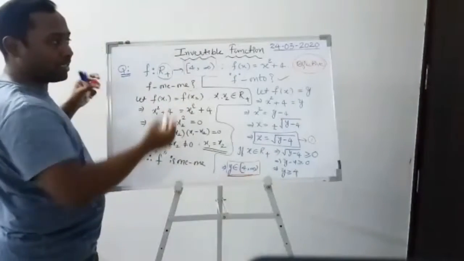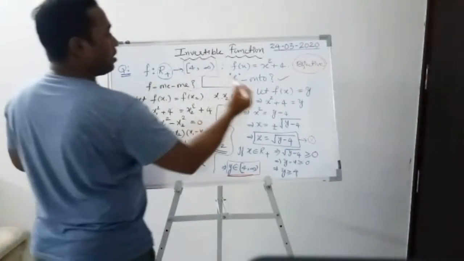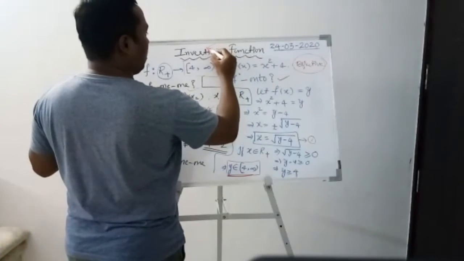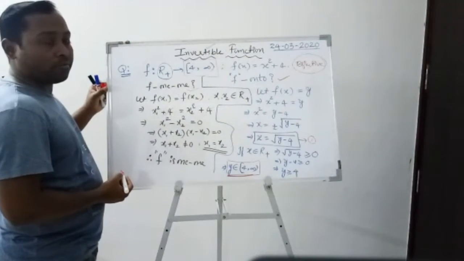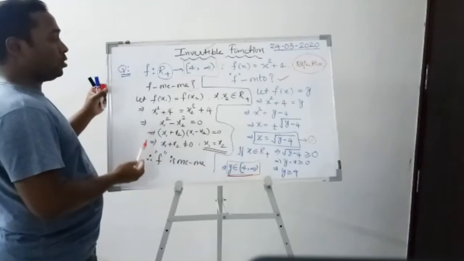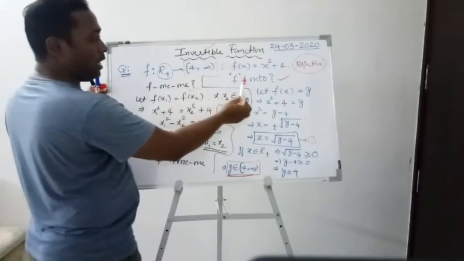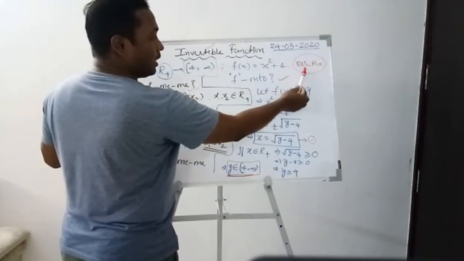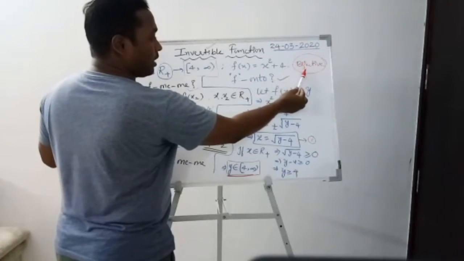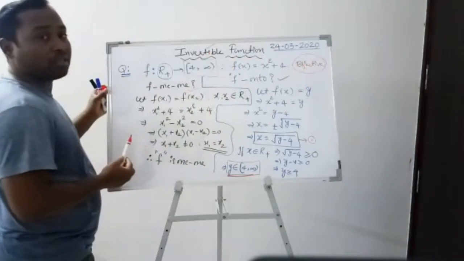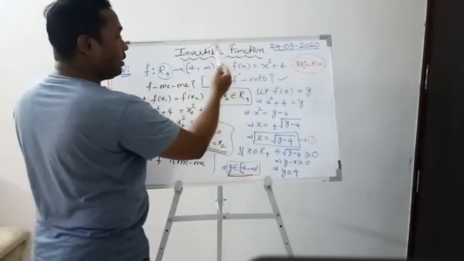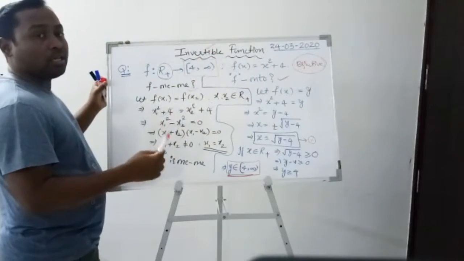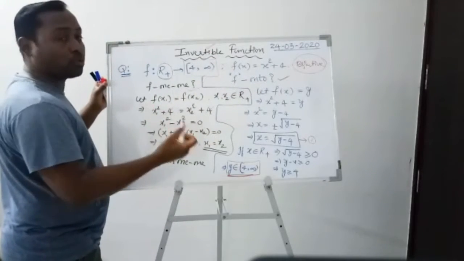If it is bijective, it means that the given function is said to be an invertible function. So what do I mean by invertible function here? If the function is 1-1 and onto, we can say it is bijective. If it is bijective, the function is said to be invertible. So every bijective function is invertible. It means whose inverse is possible.